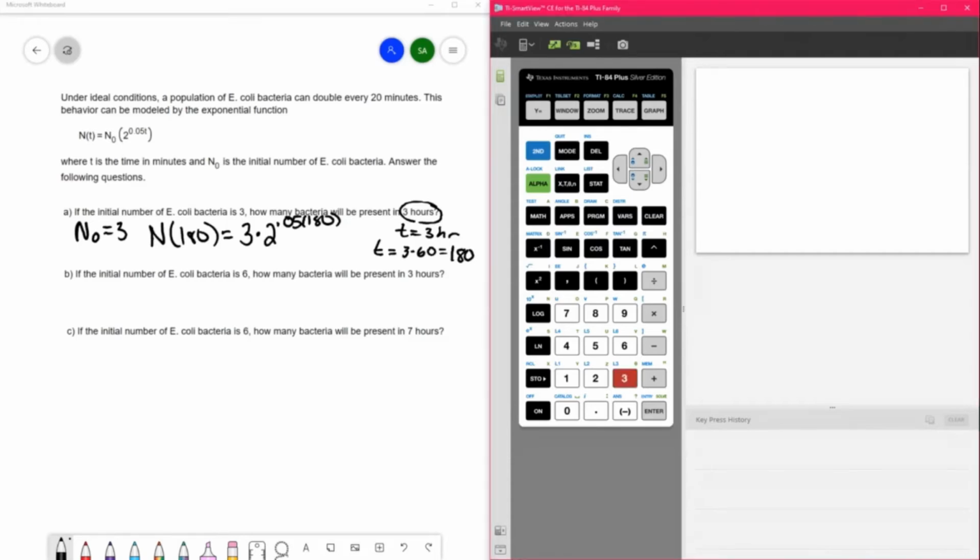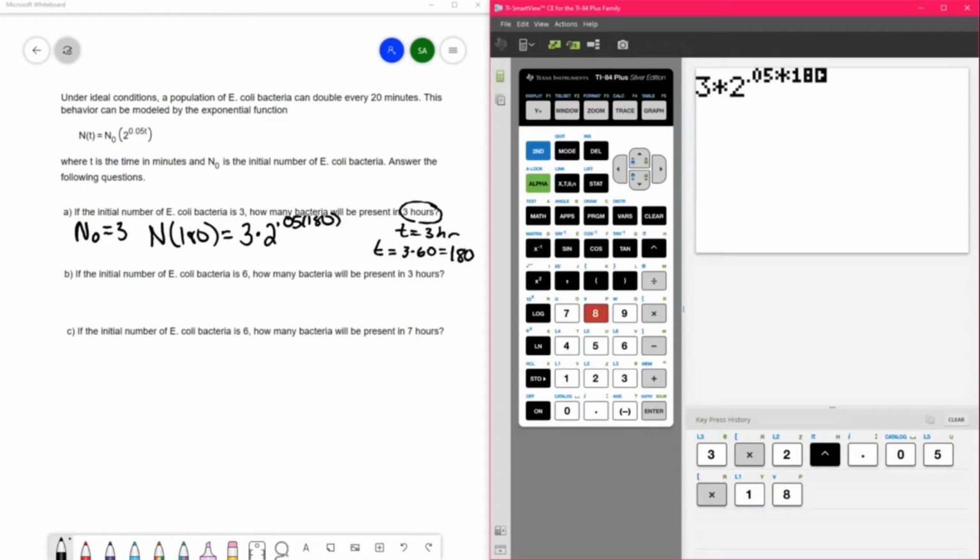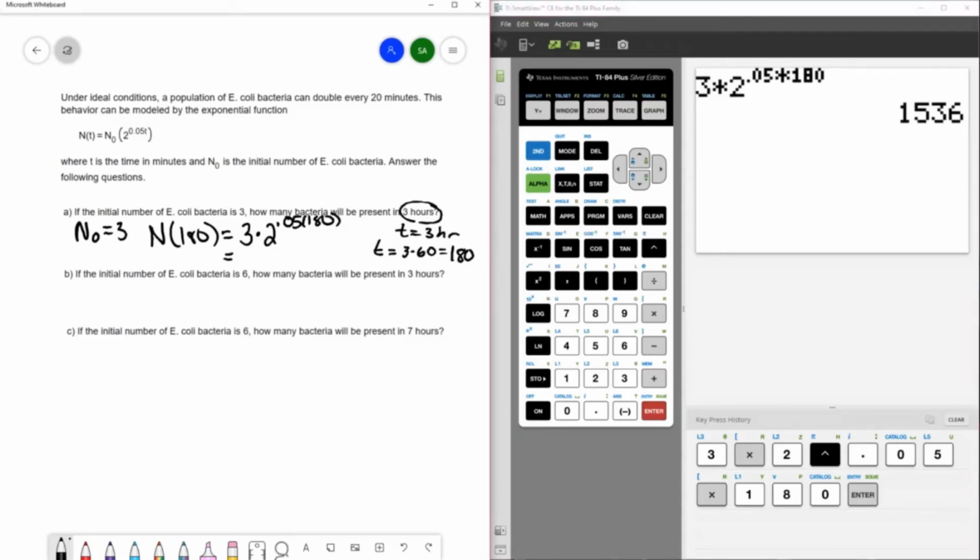We've got 3 times 2 raised to the 0.05 times 180. And we have, after 3 hours, 1,536 of the E. coli bacteria.